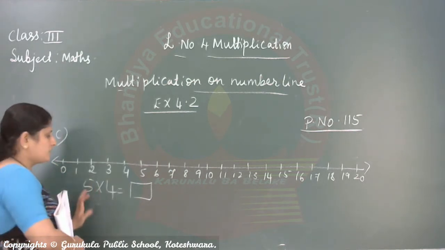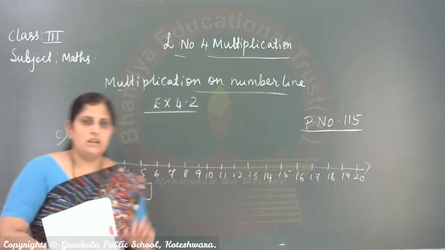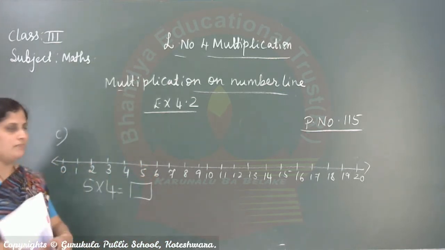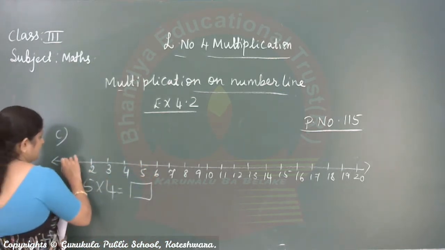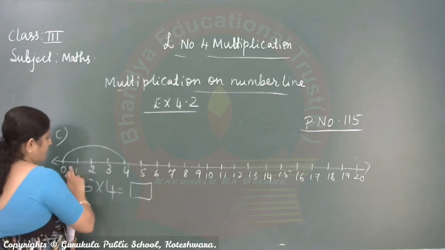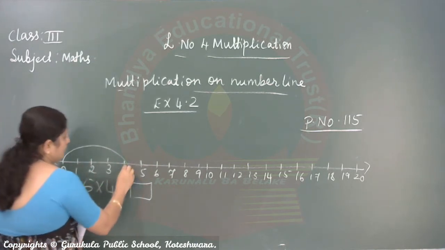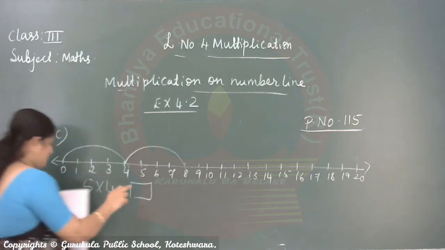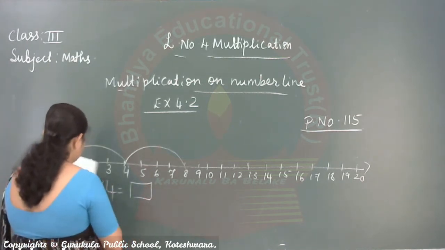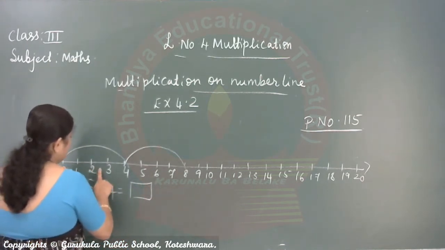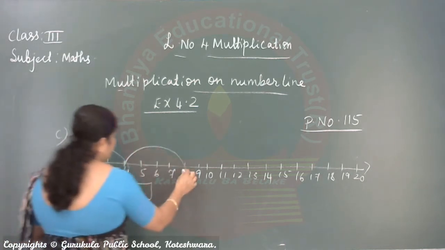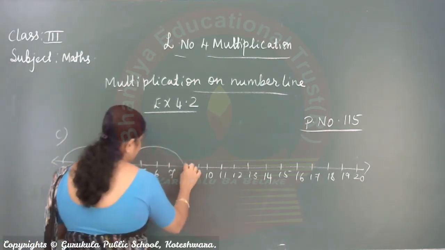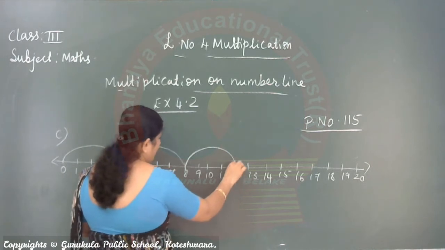How many jumps do we have to take? 5 jumps. 5 jumps, 4 steps. Here 0 to 4 step. 1, 2, 3, 4 step. Again 4 to 8. Next 8 to 12.